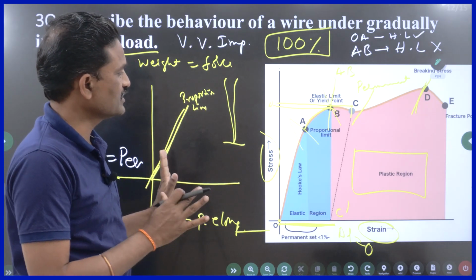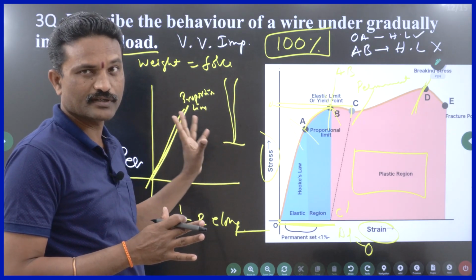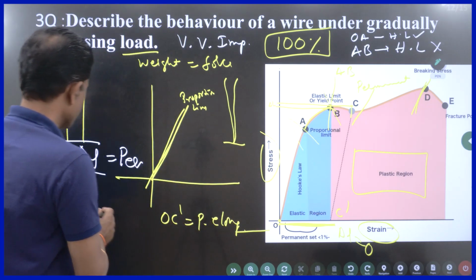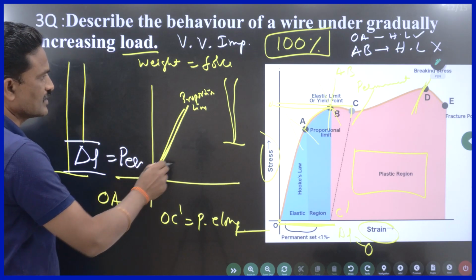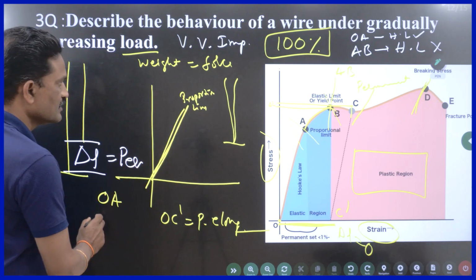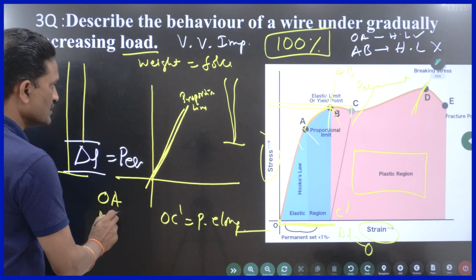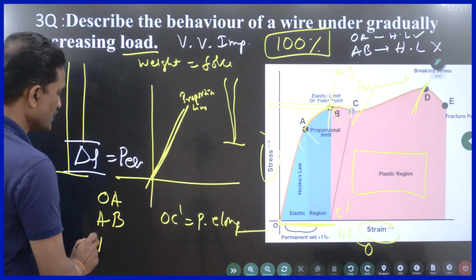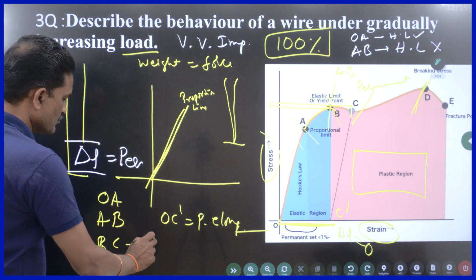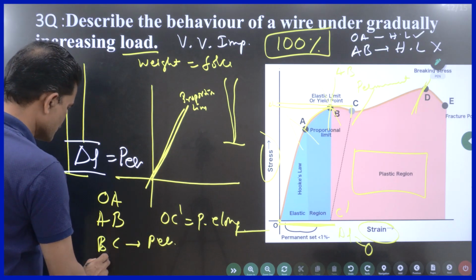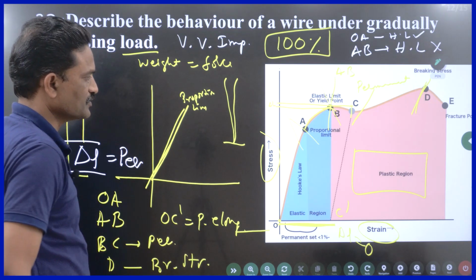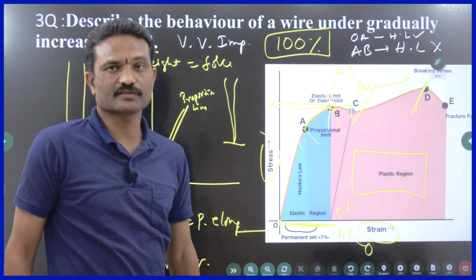So if you draw the graph and explain, first explain the OA region, that is called the proportionality limit. Next is AB, that is called the elastic limit or yielding point. Next BC is related to permanent elongation. Next D is called the breaking stress. If you write these 4 points, you will be given 4 marks.